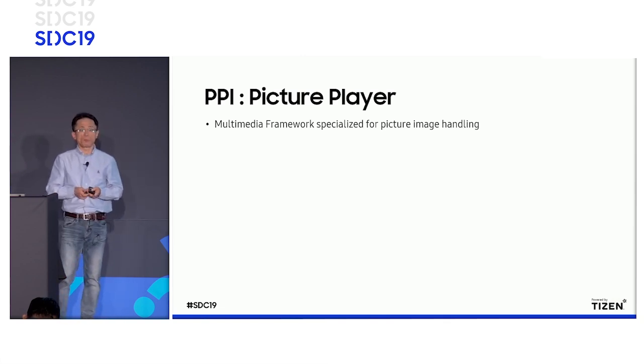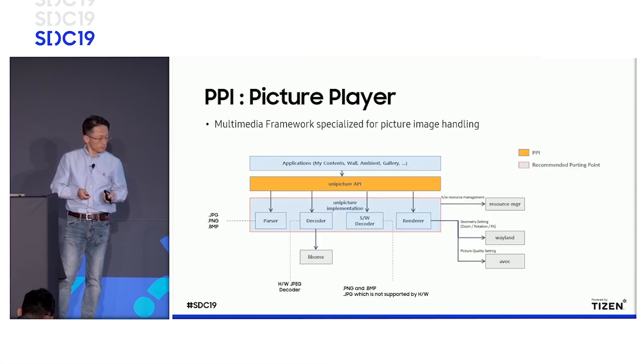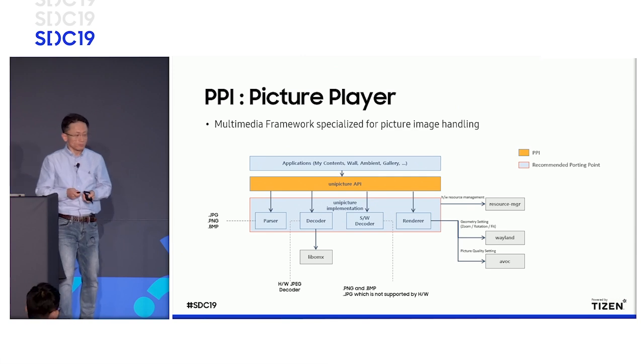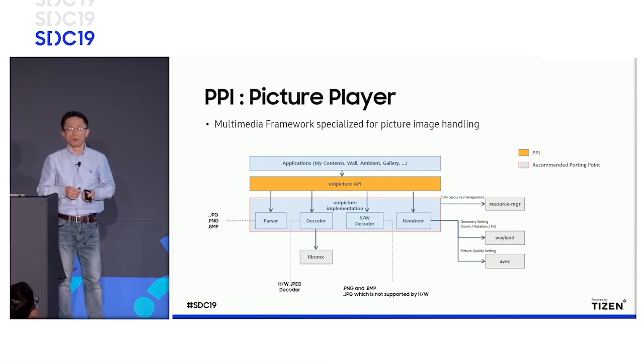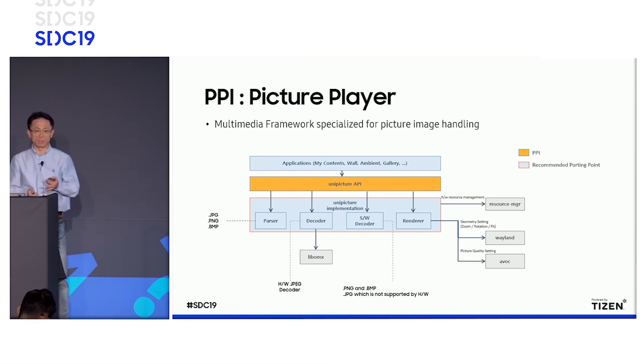This is a picture player. There are lots of applications that use this kind of function: My Contents, World, Ambient, Gallery. This kind of application is using this function to show the picture in high quality.